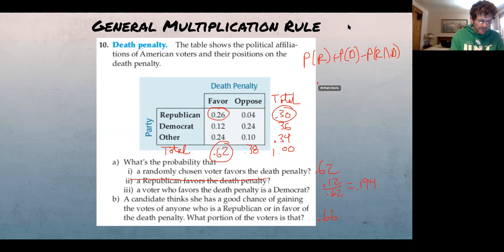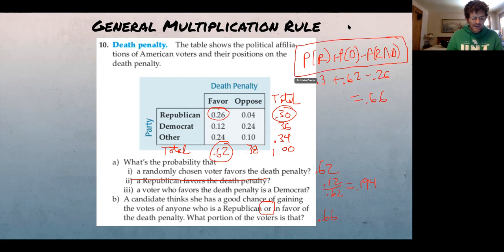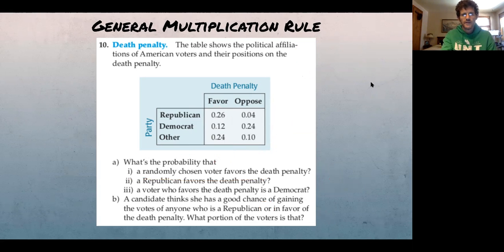So it's 0.3 plus 0.62 minus 0.26, and that is your 0.66. Very good. So you can see, maybe if I haven't made it very clear yet, if you're ever looking at an OR situation, this is going to be your general addition rule. If it's an AND situation, that's where it's going to be general multiplication rule. Okay, let's move ahead.